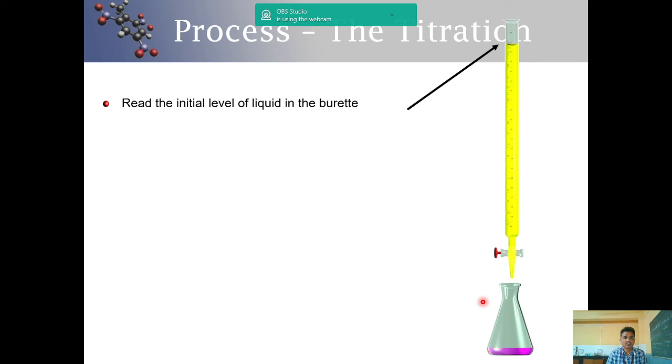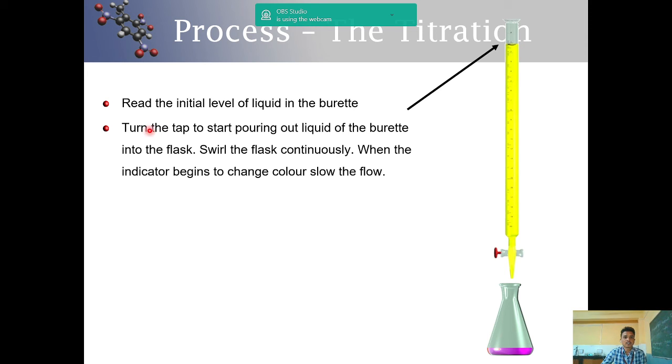So first of all, the process of titration. Read the initial level of liquid in the burette. You have to read the initial level, that means the zero level of this burette. After that, turn the tap to start pouring liquid from the burette into the flask, and swirl the flask continuously.